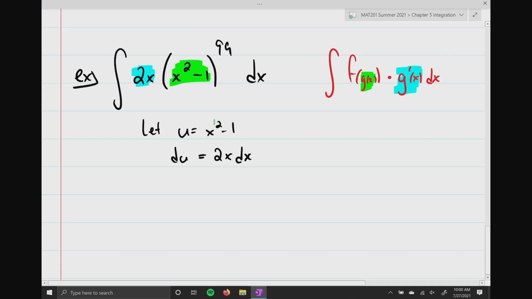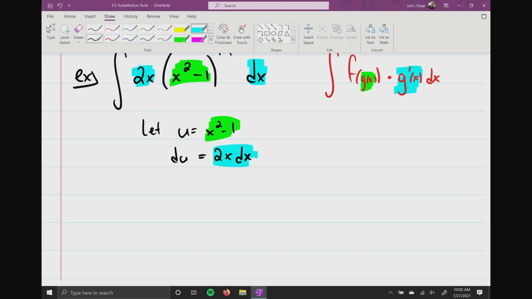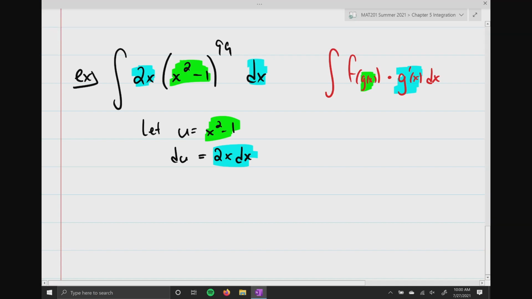Because notice, we got the x squared minus 1. And then if I just highlight this, we got the 2x dx as well. So this is going to turn out to be the integral of u to the 99th power. And then the 2x dx is going to be replaced with du.